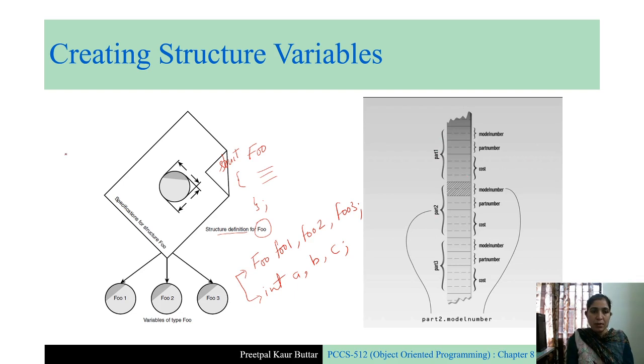Suppose for the struct part you are creating three variables, part1, part2, part3, then memory will be allocated for three structures. This is the memory of part1, which contains memory for model number, part number, and cost. Similarly, memory is allocated for part2 and part3, right?